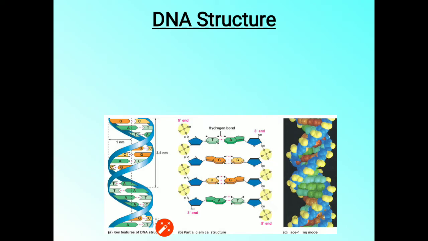You all know that the bases are held together with the help of hydrogen bonds. The bases are attached to the sugar molecule with the help of a glycosidic bond. The sugar molecule is attached to the phosphate group with the help of a phosphoester bond, and one nucleotide joins another nucleotide with the help of a phosphodiester bond.